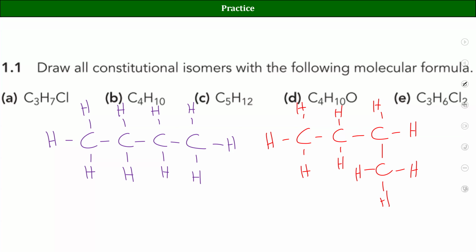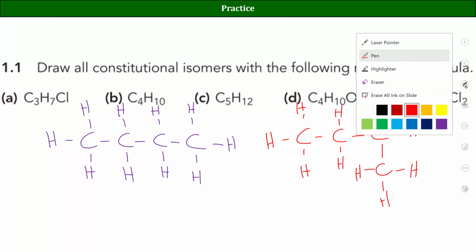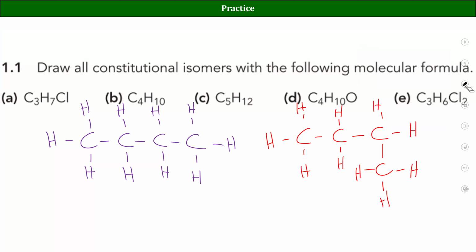So the same applies here. So these are the same molecule. But we did find out that it doesn't matter which carbon on the end you attach chlorine to, it's the same molecule, right?